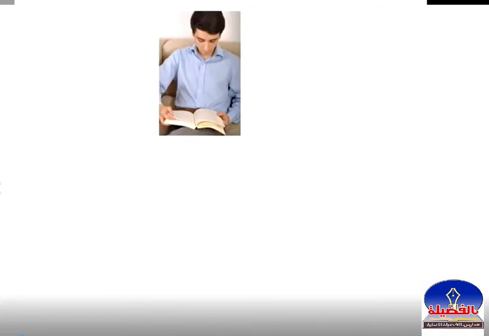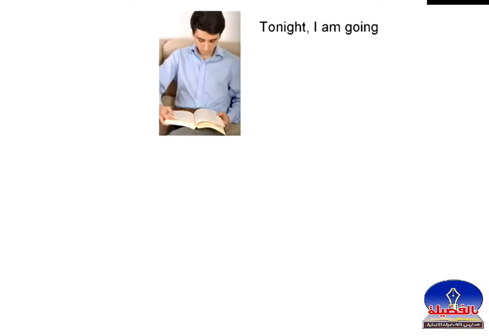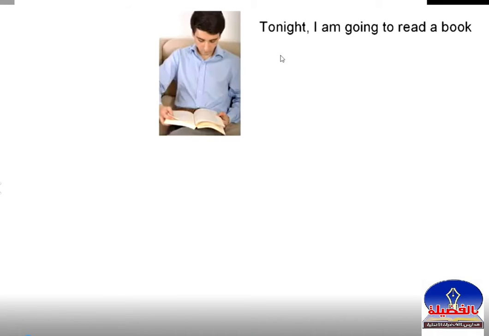So, for an example, here we can see somebody is reading a book, and here, so we can say in the future, tonight I am going to read a book. Okay, so this is talking about the future, and the person is saying, I am going to read a book.